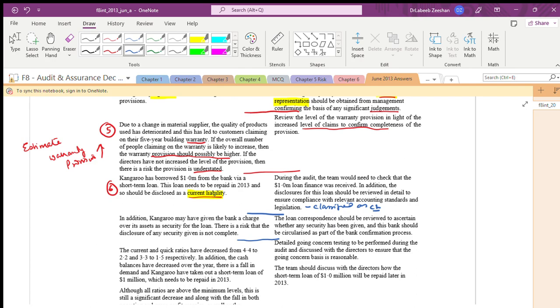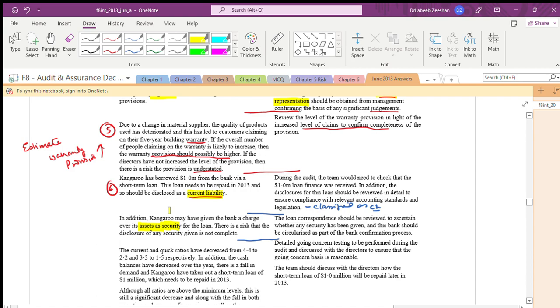Now what happens? Definitely when you are taking a loan of 1 million, you will take the loan against some security, some assets as security for the loan. There is nothing wrong with that.